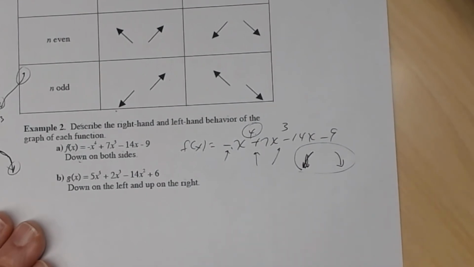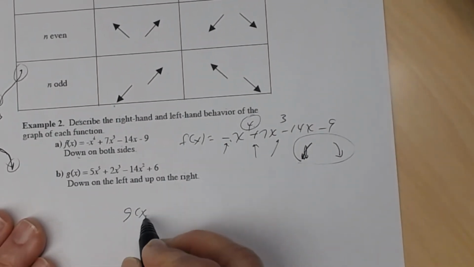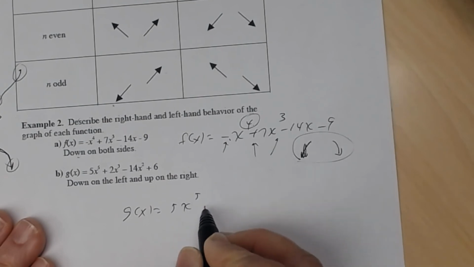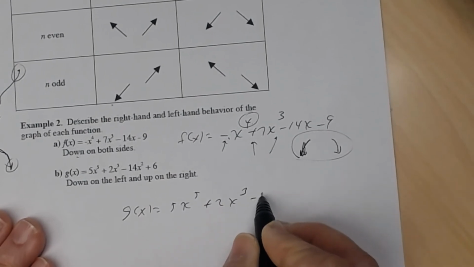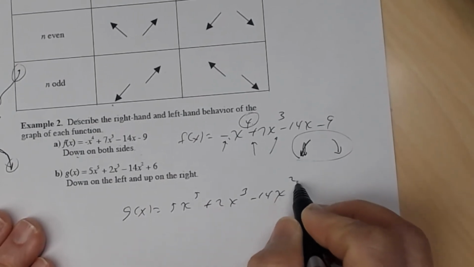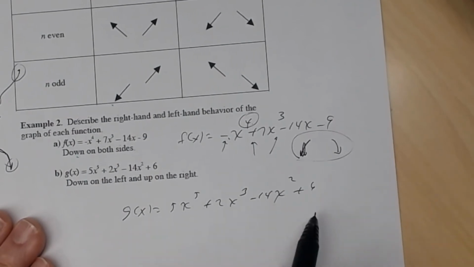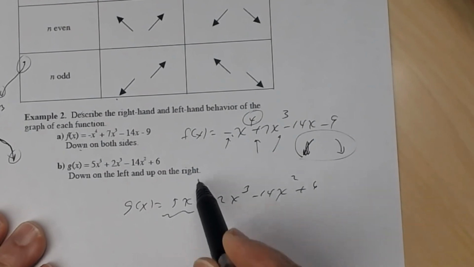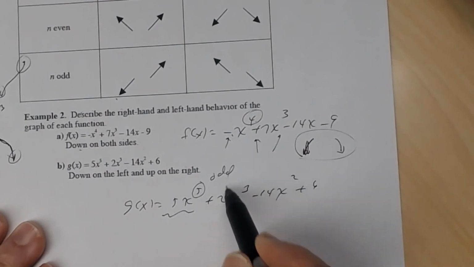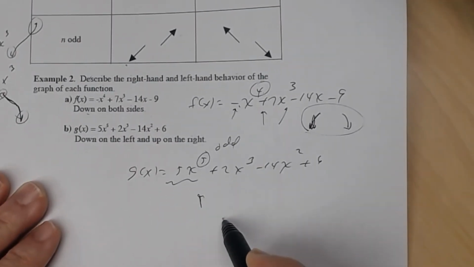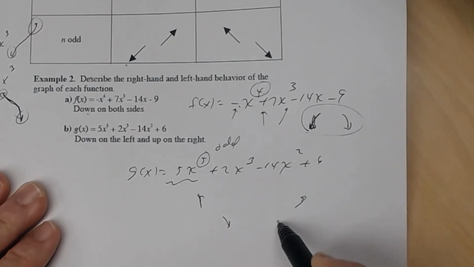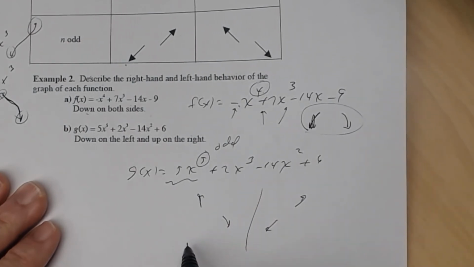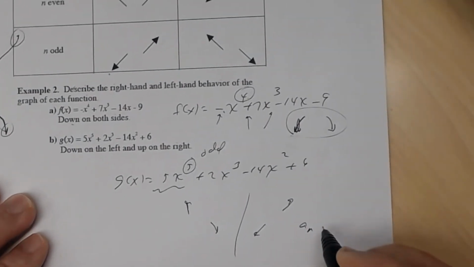Over here, g of x equals 5x to the fifth plus 2x cubed minus 14x squared plus 6. First of all, make sure it's in descending order. Then this is going to be your leading term right here. This is odd. So remember, if it's odd, it will do one of these. It does this if your coefficient is positive.